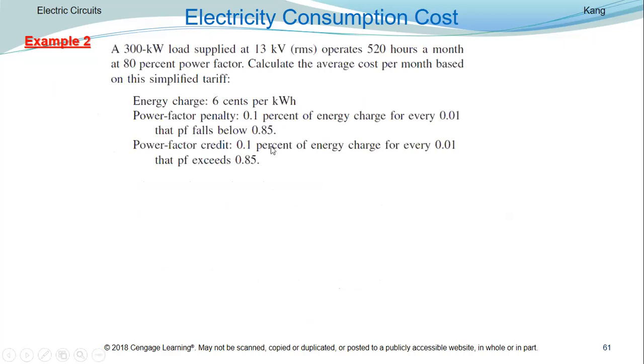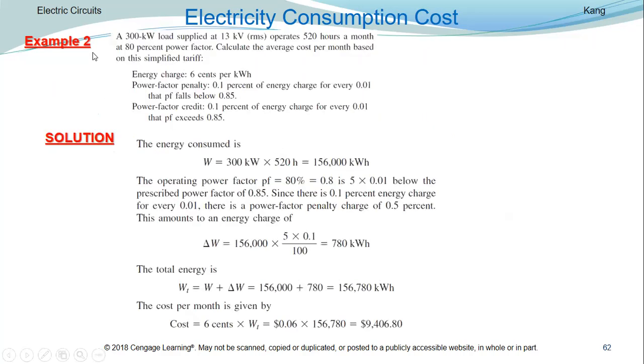Now example number 2 will be the energy cost. So W equals 300 multiplied by 520. Then the delta W charge will be 5 percent of this. So WT will be W plus delta W, the total energy required.